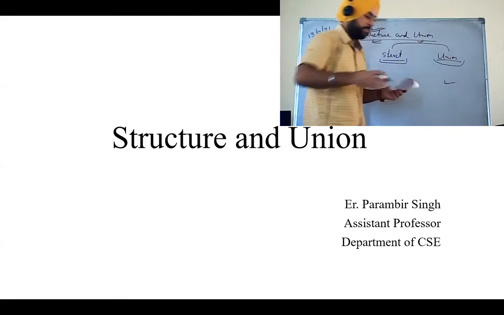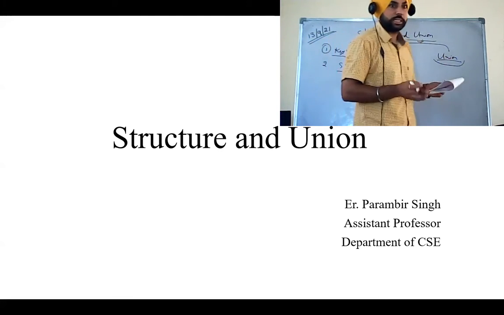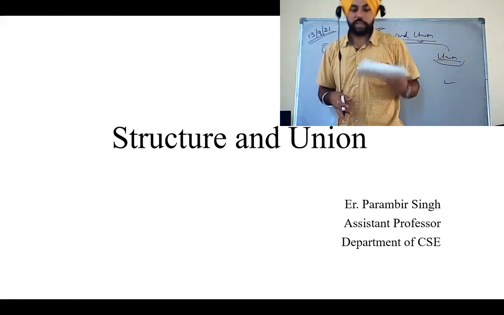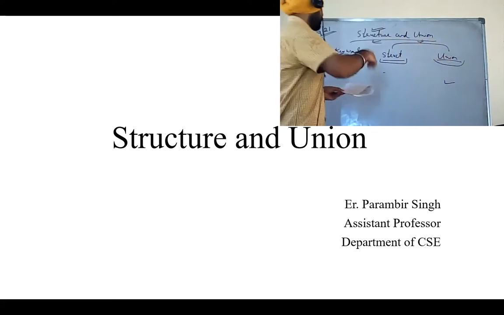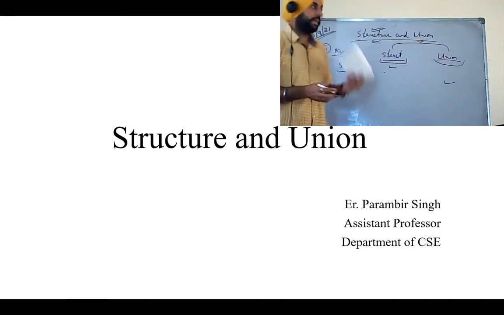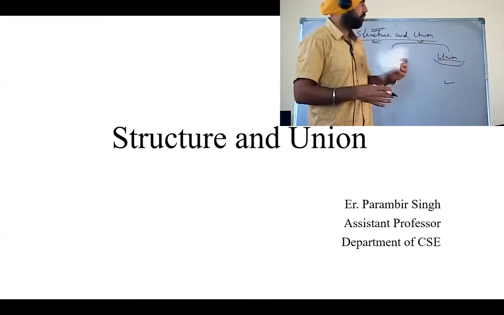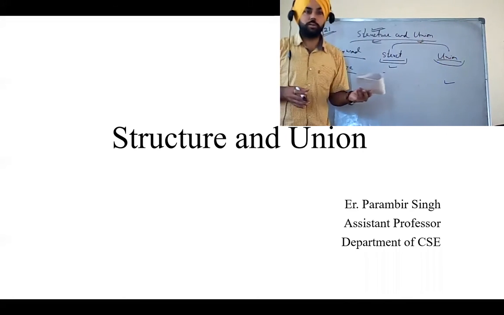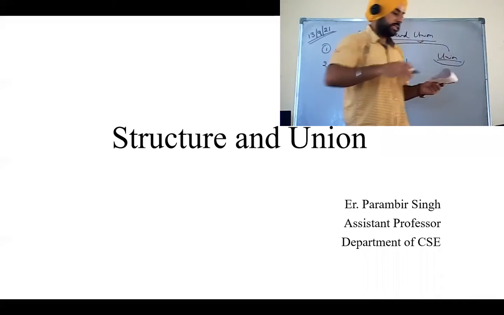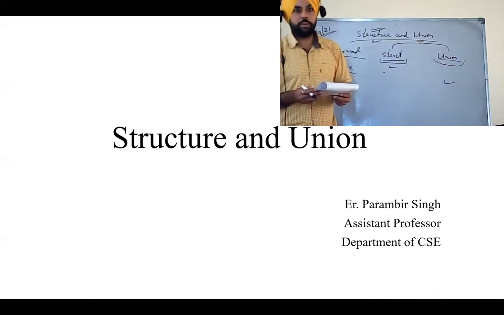In the case of union, memory is allocated by considering the size of the largest member. So the size of a union is equal to the size of the largest member, whereas in a structure memory is assigned to every member, whether integer or float.